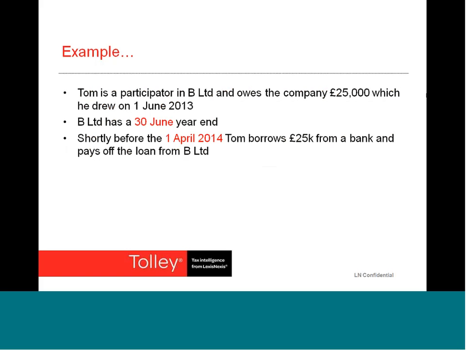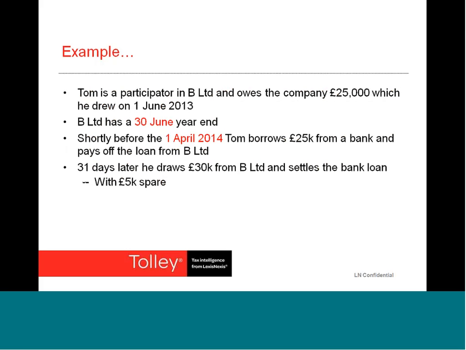Just before that, Tom borrows $25,000 from the bank and pays off the loan. And so, great, by the time we get to normal due date, no loan outstanding, no penalty tax. 31 days later, he draws $30,000 from B Limited and settles the bank loan, and has an extra £5,000 to spare for himself.